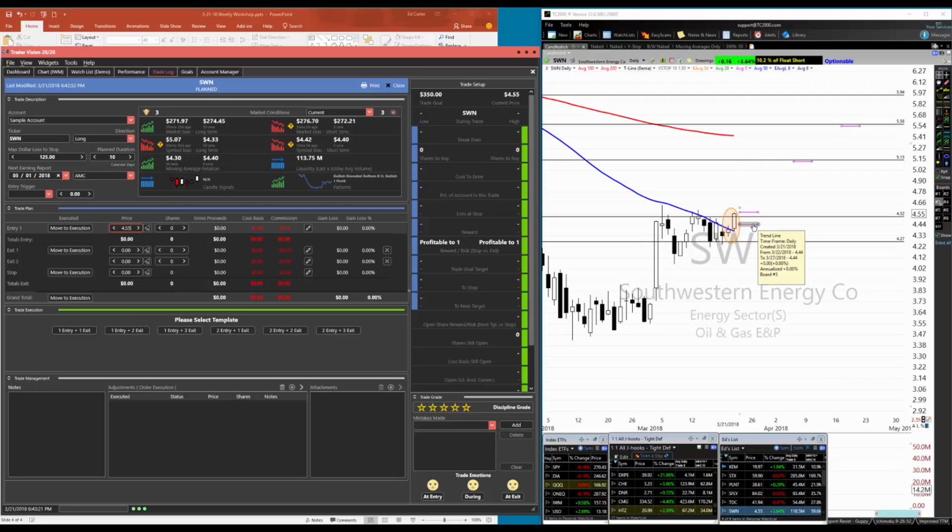And a stop about 4.40. And a first target about 5.10. And a second target up here about 5.50.